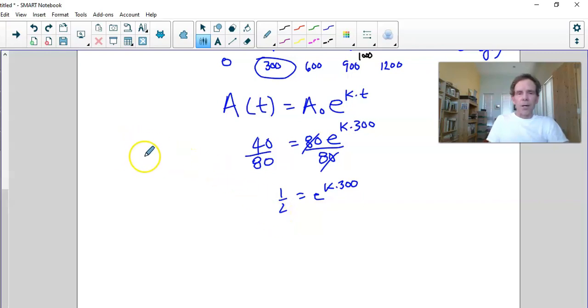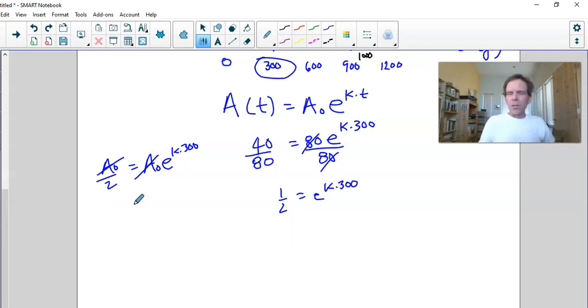You could just say, okay, the starting amount is a0 e to the k times 300, and the amount after 300 is the starting amount divided by 2. Then you divide both sides by a0, a sub 0, and you're left with a half on the left. So it really doesn't matter that you have 80 to start with.